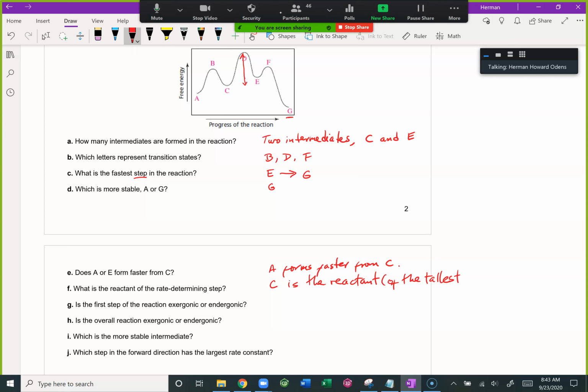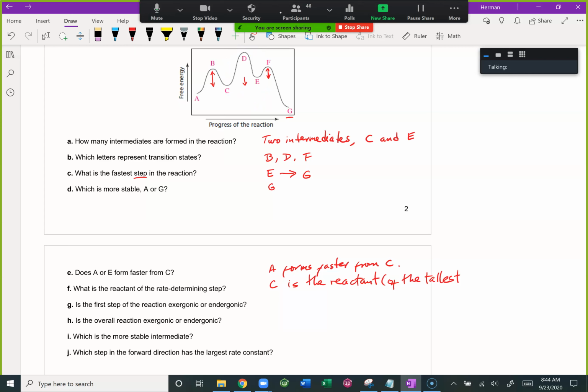That's the delta G, or activation energy, when compared to this one or this one. That's little. So this is your rate determining step. And so just by looking at that one lonely step right there, you can say that C is your reactant, D is your product, and D is your intermediate for that reaction step.